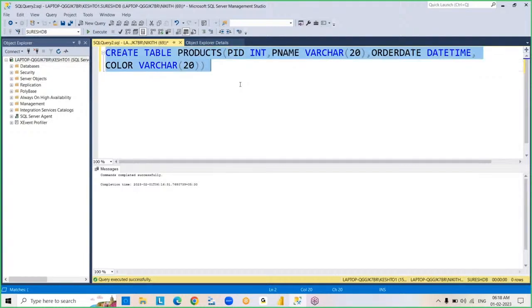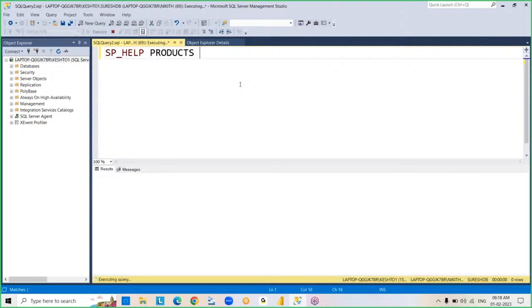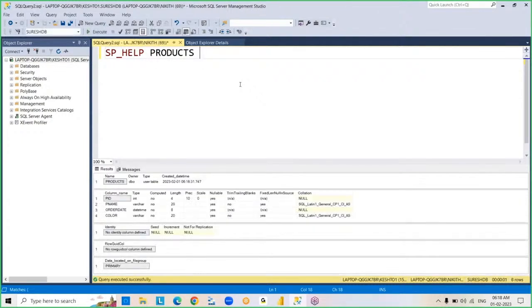So we created only structure now. So how to check this structure? sp_help, table name Products. See this. That is the structure of the table we created.